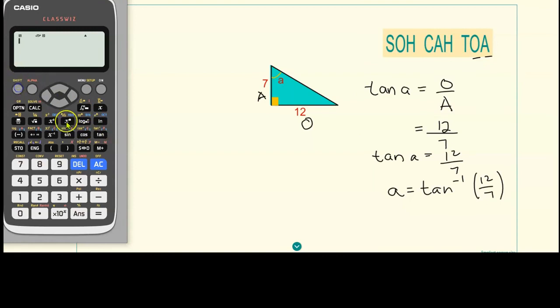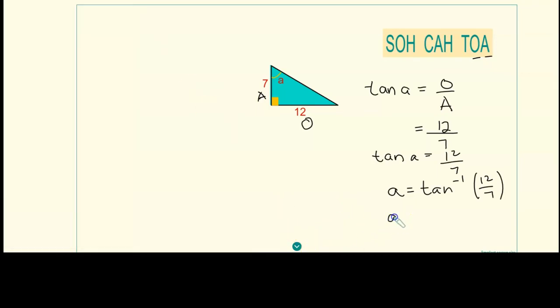Arctangent of 12 divided by 7, close the bracket, and the answer is 59.7, rounded off to 1 decimal place. So A is equal to 59.7 degrees. I hope you got your answer right, and I hope you enjoyed this tutorial.